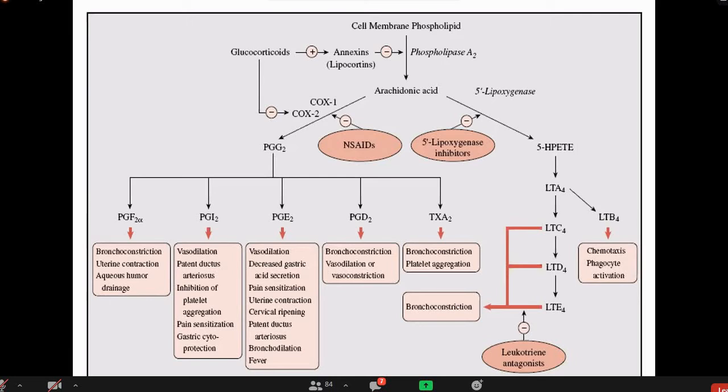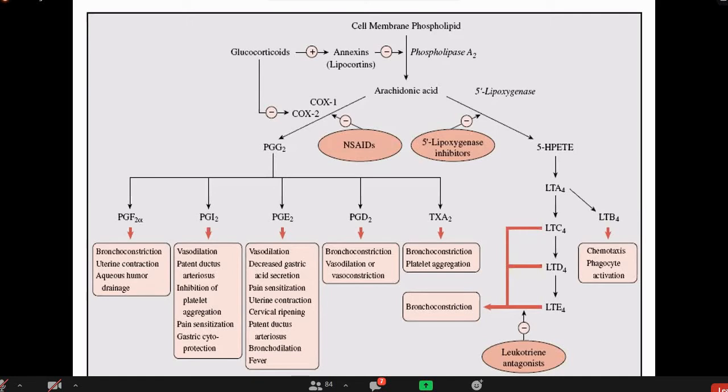Let me explain it. Suppose arachidonic acid is synthesized; either 50% will enter the lipoxygenase pathway and 50% will enter the cyclooxygenase pathway. But if we block the cyclooxygenase pathway, the arachidonic acid is totally diverted towards the lipoxygenase pathway, and the maximum production of leukotrienes will occur.